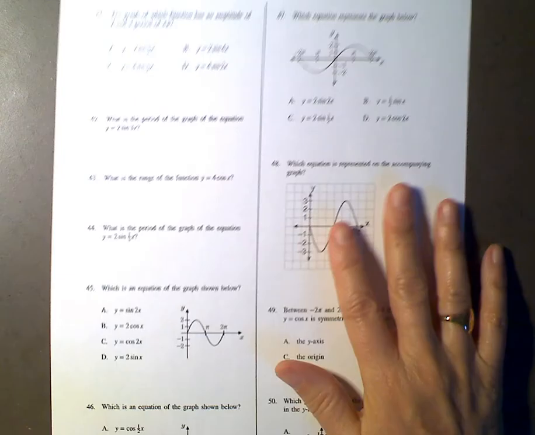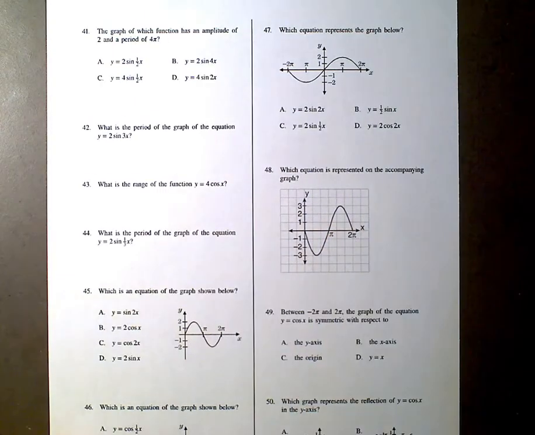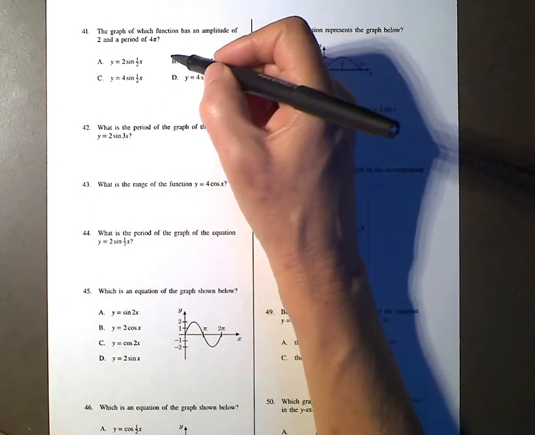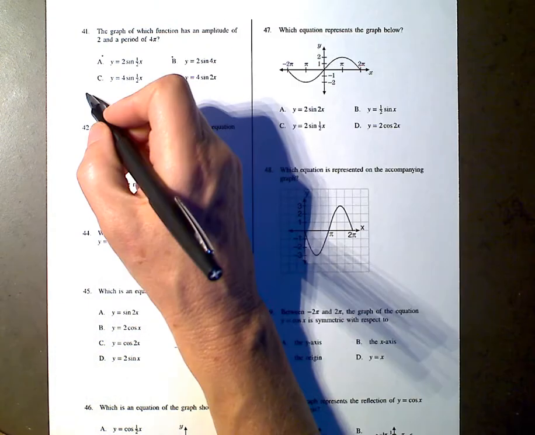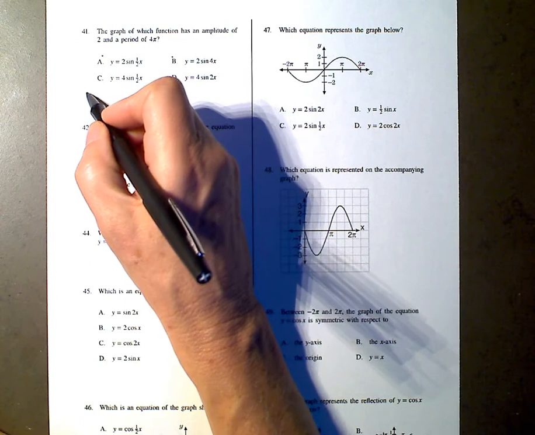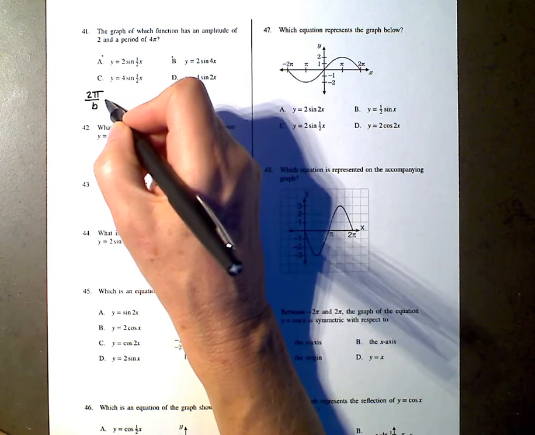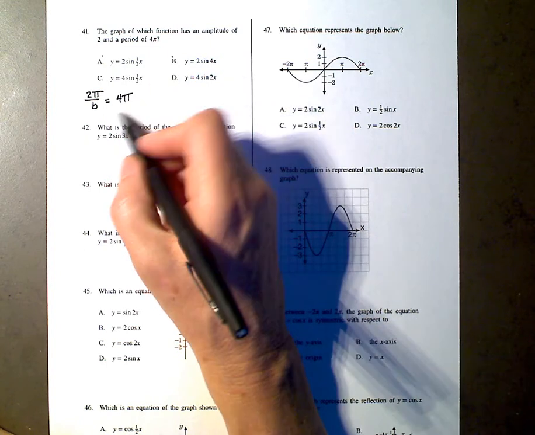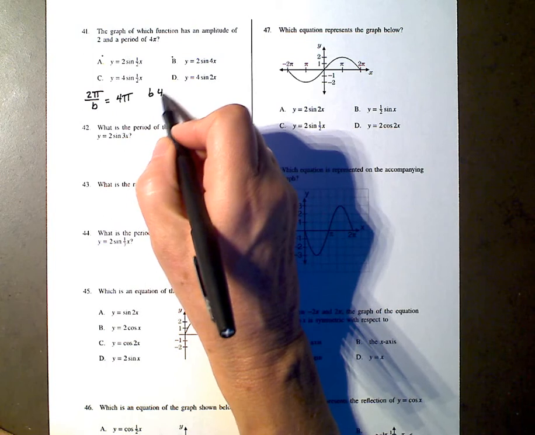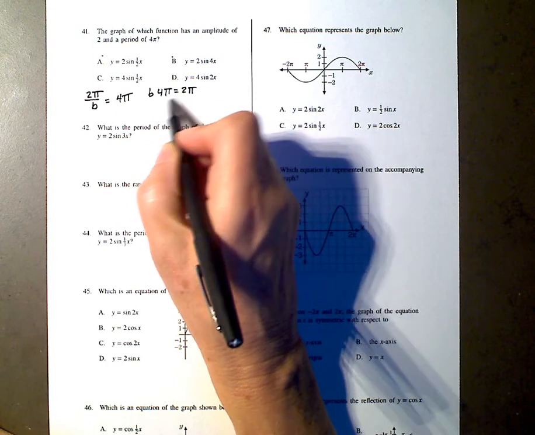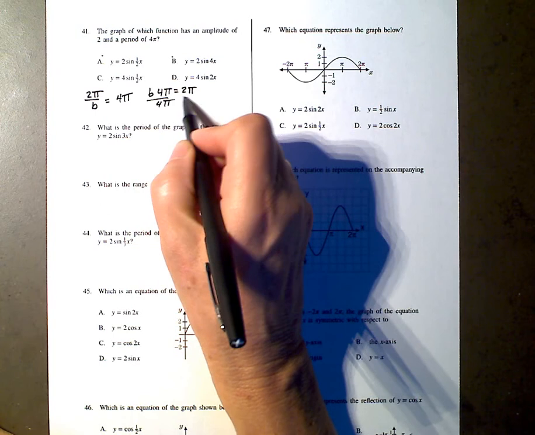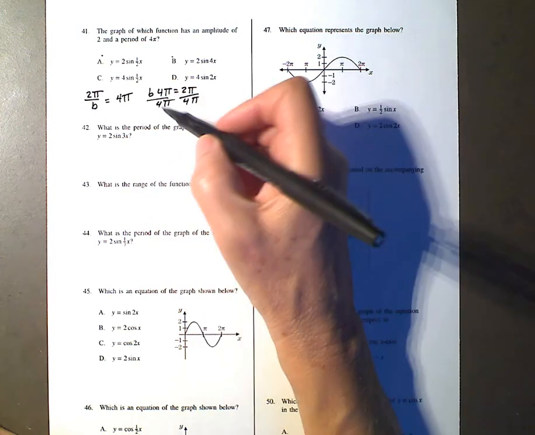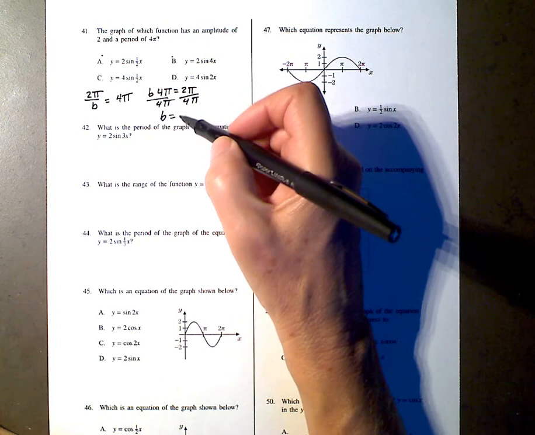Alright, this is page 4 of the review worksheet for chapter 13, and in number 41 we're supposed to find the function that has the amplitude of 2 and a period of 4 pi. So amplitude of 2 is going to be one of these two, and the period of 4 pi, if the period is 2 pi over b, and that's 4 pi, then multiplying here I can see that b times 4 pi is equal to 2 pi, and so I can divide out the 4 and the pi, and I get b is 1/2.